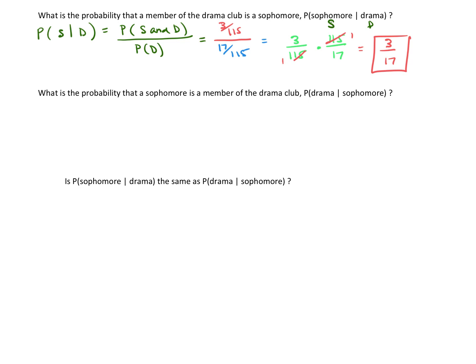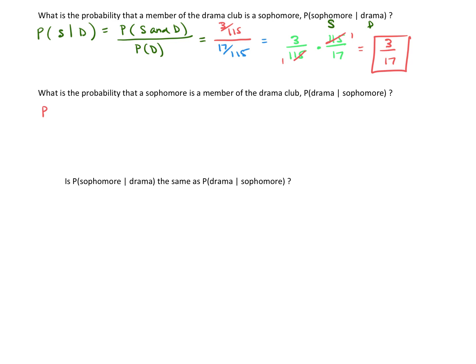Okay, so our next question seems very similar. It says, what is the probability that a sophomore is a member of the drama club? And here's how we would write that conditional probability: the probability that a student is in drama club given that they are a sophomore. So I'm going to use the D and the S to write out that probability again.